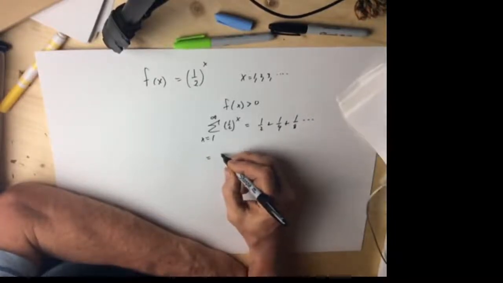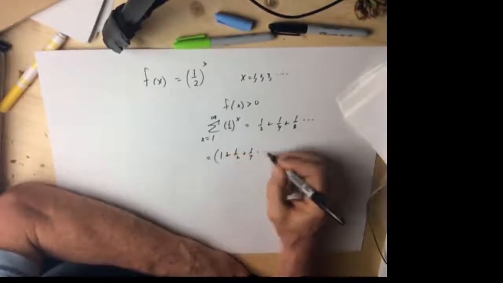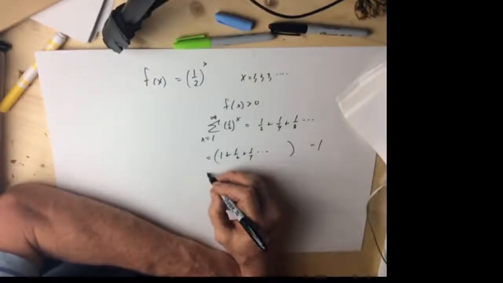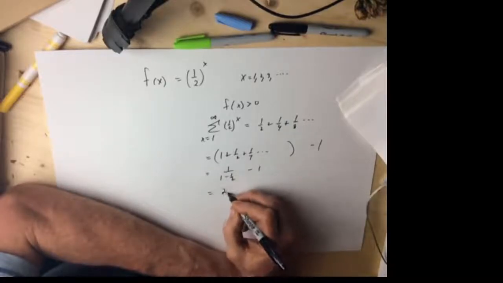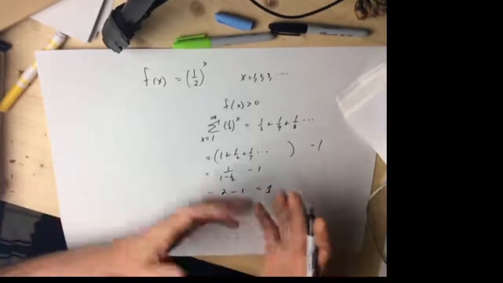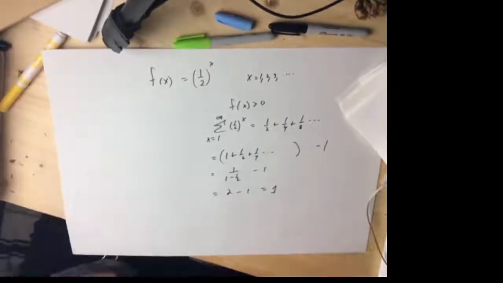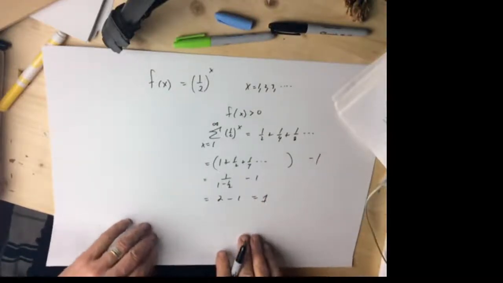Well, this is 1 plus 1/2 plus 1/4 minus 1. So I added 1 and subtracted 1. This is the well-known geometric series, which is 1, so it works well. This is a very nice geometric series, and I've got to update my battery. Okay, so this is a well-known geometric series.